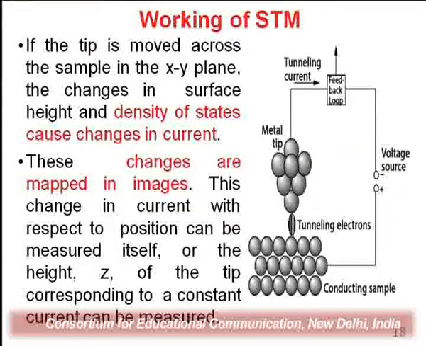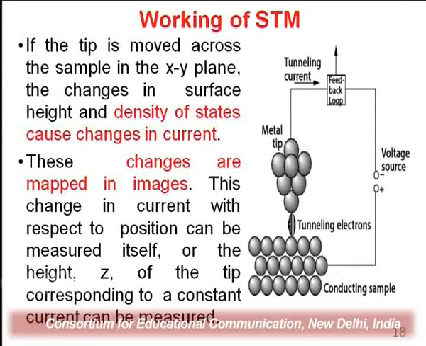If the tip is moved across the sample in the XY plane, the changes in the surface height and the density of states cause changes in the current. You see, here we are not only getting the images by changing the height between the surface and the tip, but we are also getting the density of states, which causes the changes in the current.